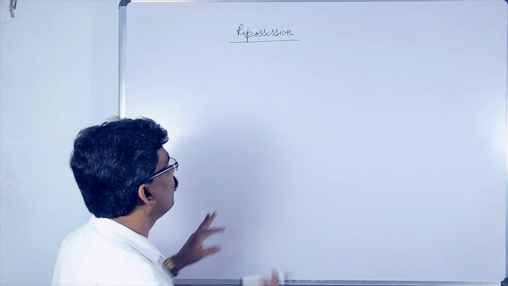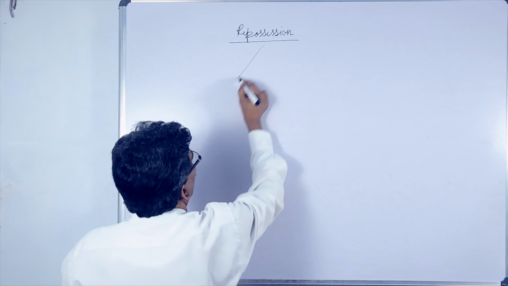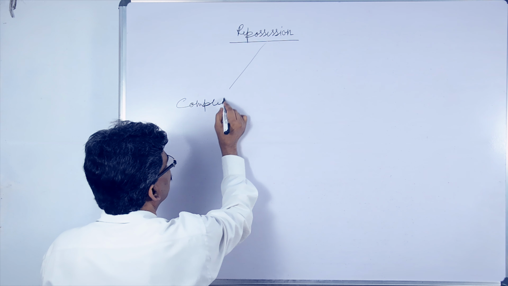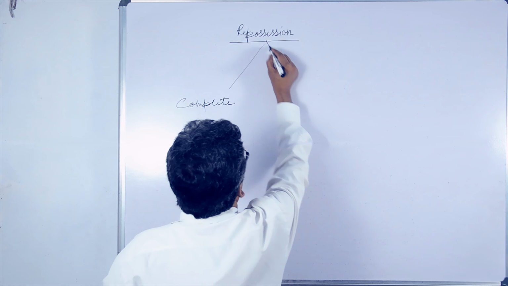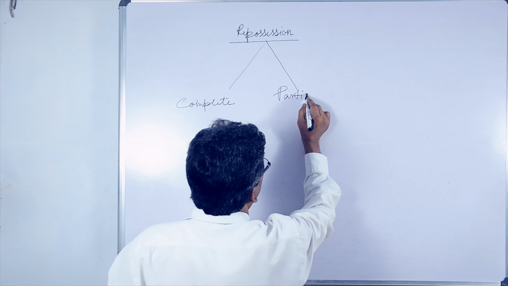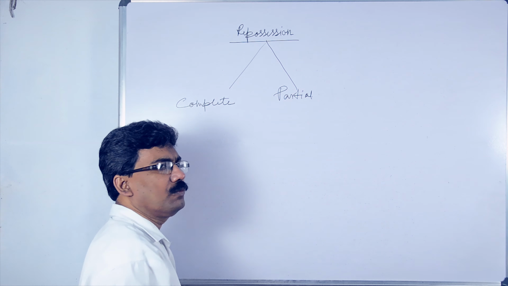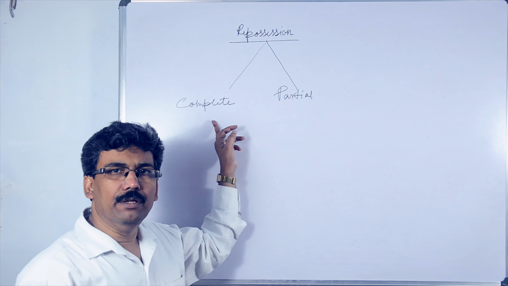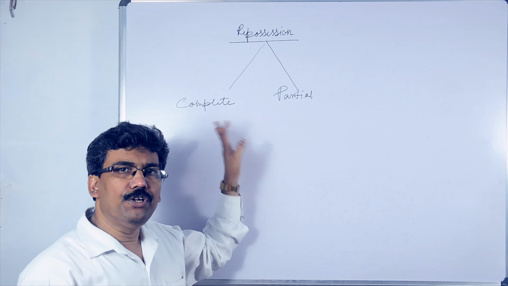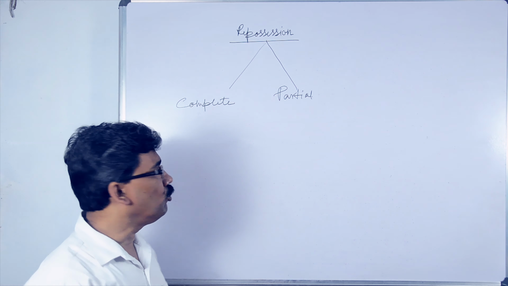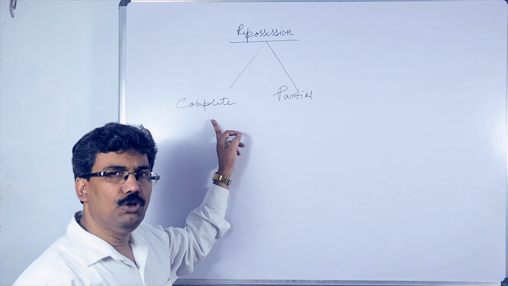This repossession is of two types: one is complete repossession, and one is partial repossession. When, due to the default of the buyer, all the assets sold by the seller to the buyer are taken over by the seller, it is called complete repossession.